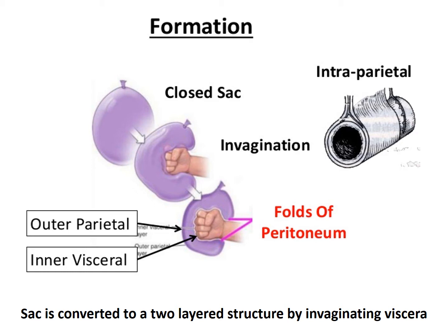To develop it, it is a closed sac which is invaginated by the developing viscera from one side in such a way that ultimately it becomes a two-layered structure.